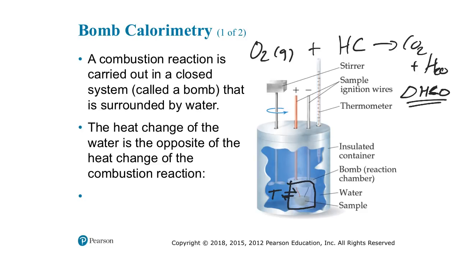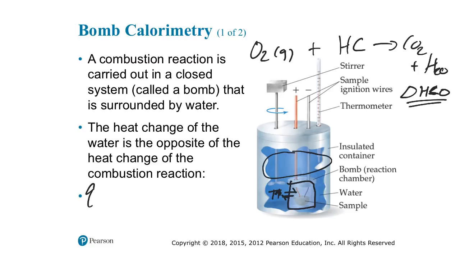So what should the temperature do in this water bath that surrounds this bomb container that has a reaction taking place that releases heat? Well, heat's released, the bomb materials in that cell warm up, and the temperature increases in the water. So we should see a temperature increase for these exothermic reactions generally occurring in this form of calorimetry.